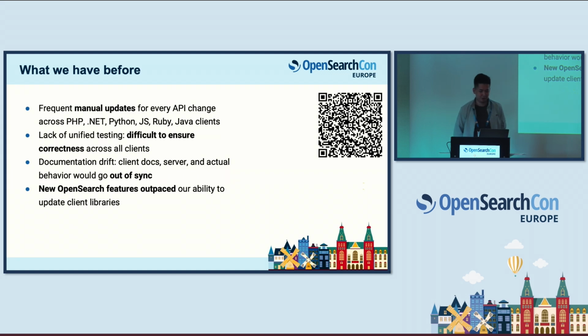Also, about documentation: every repository has different documentation, and they're out of sync. New open-source features also outpaced our ability to update client libraries. This QR code leads to our OpenSearch blog, where you can read more about this.